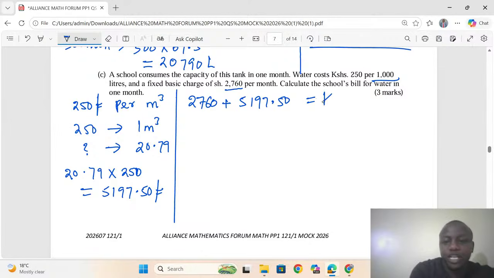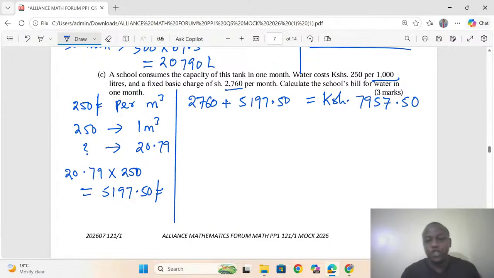Adding 2760, this is exactly 7957.50. So this is now the total amount of money this particular school will have to pay per month.